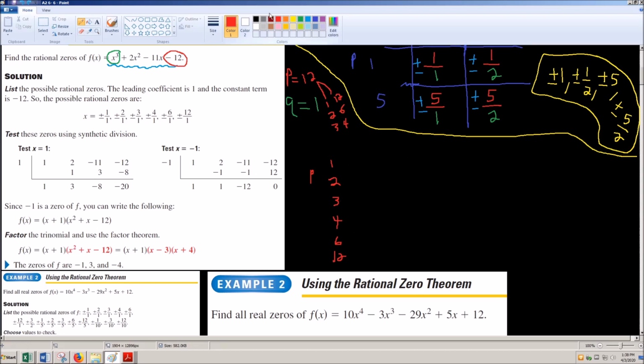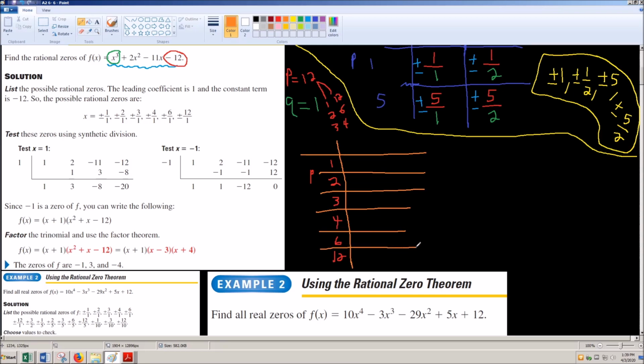And now in terms of my different possible q factors, I'll do that in another color. So again, just a method of organizing all these things. You don't have to do this if you don't like it. So for my q's now, it's just going to be the 1, which is pretty straightforward.